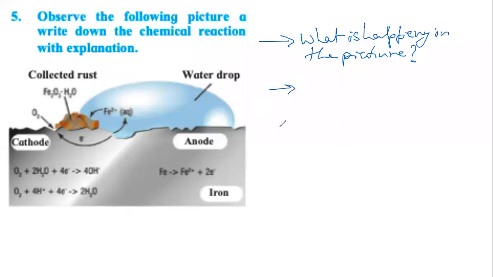Another part of the question will say, give the reaction that is happening at anode. Give the reaction that is happening at cathode. Another question will say, what is the reaction by which rust is produced? So the question will be broken down.